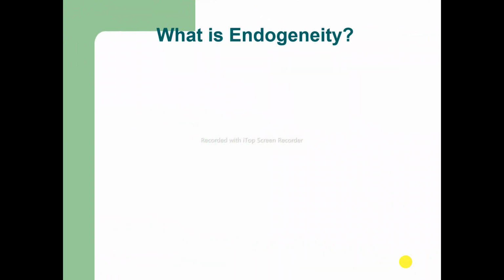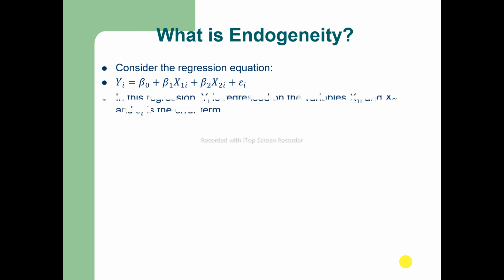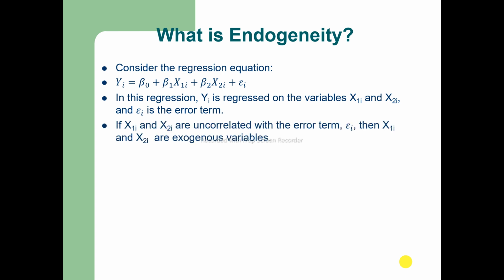Now, a real question is, what is endogeneity? For that, let us consider a regression equation yi, which has two explanatory variables x1 and x2, and finally we have the error term epsilon i. In this regression, yi is regressed on two x variables, that is x1i and x2i, and epsilon i is the random error.